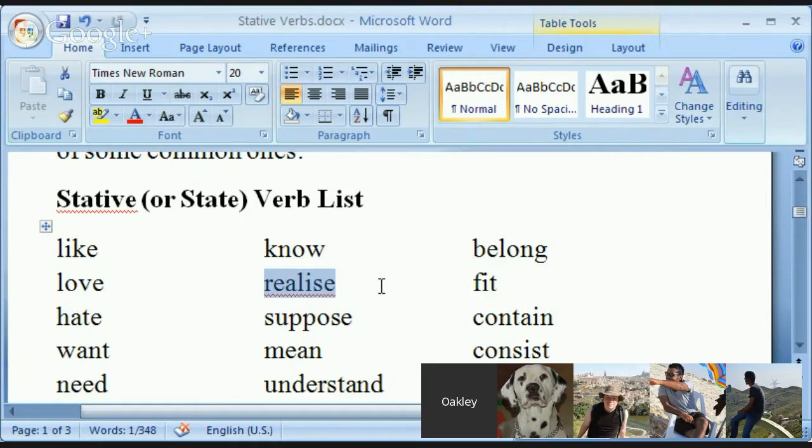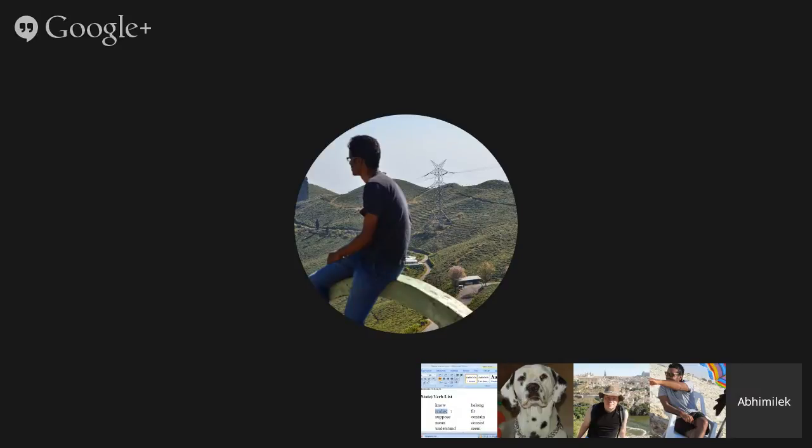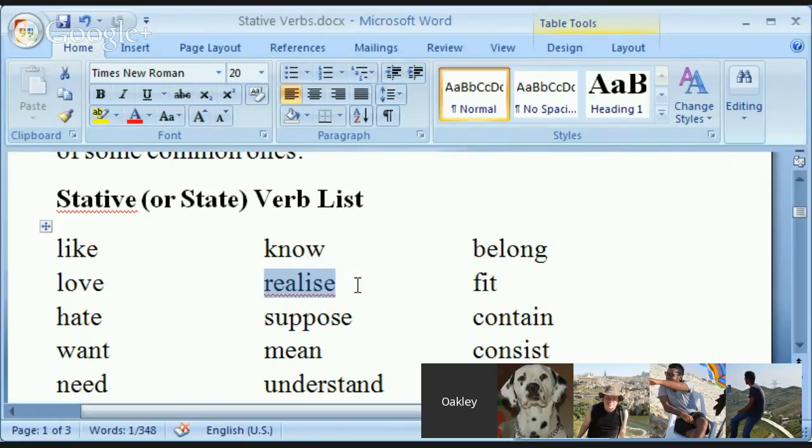Realize. We never use, I think, realizing. Actually, can we? It's a stative verb. This is a tough one. All right. This is a hard one. Try making a sentence using realize in a continuous form.